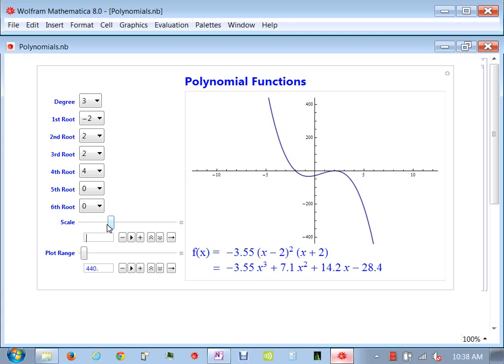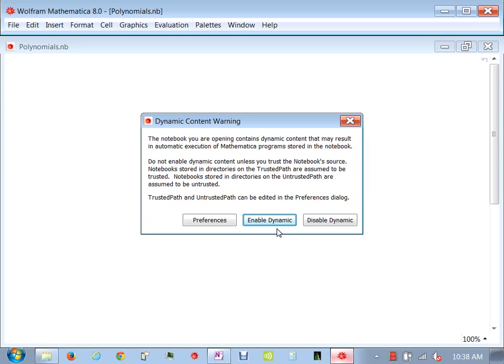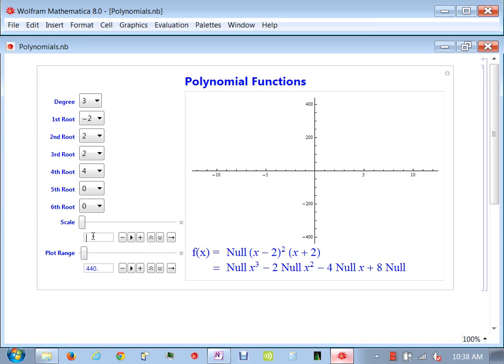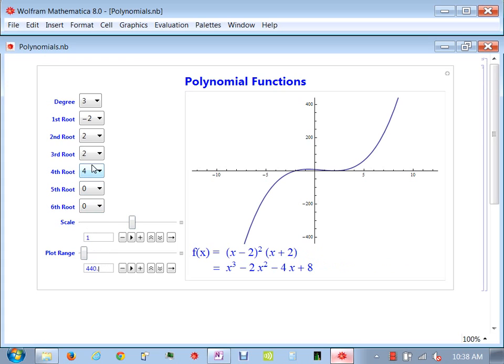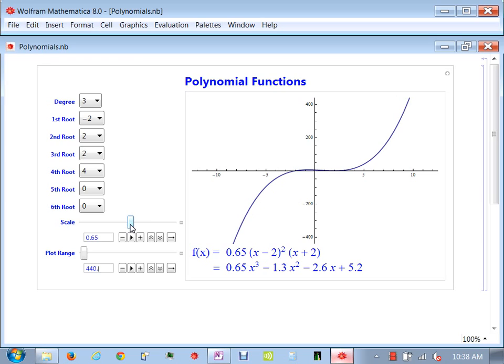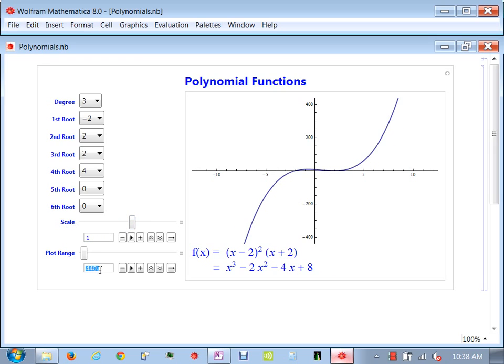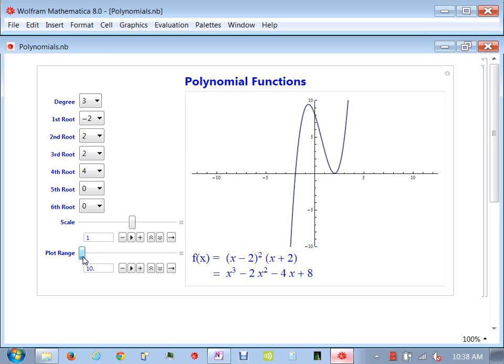I was wondering why that looked weird. Okay, there's our graph.